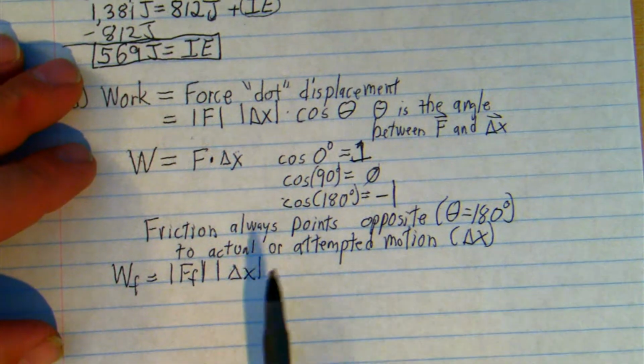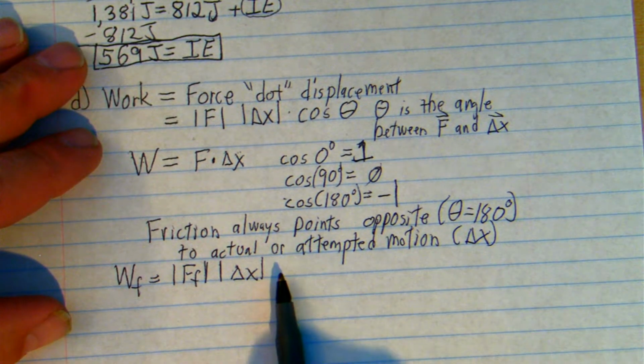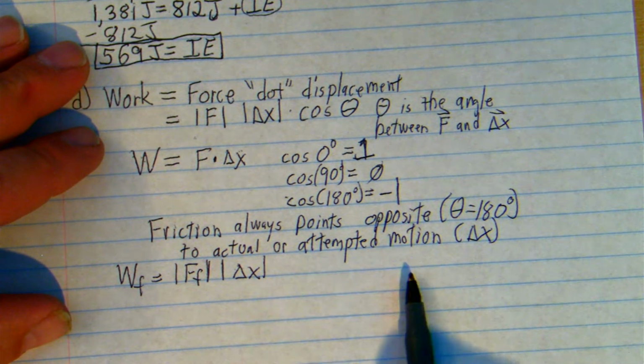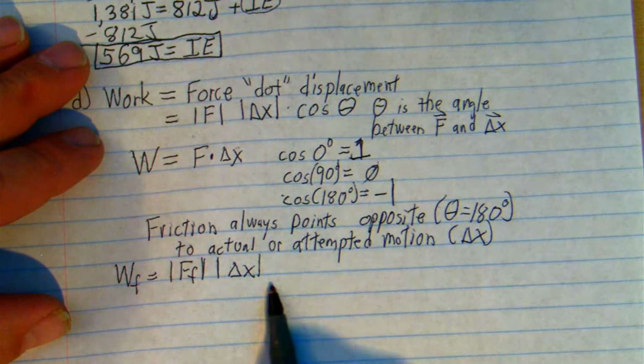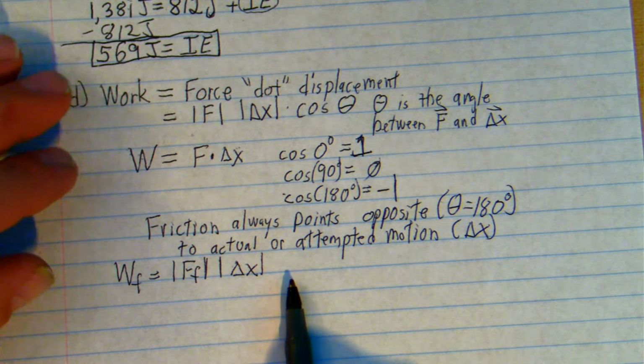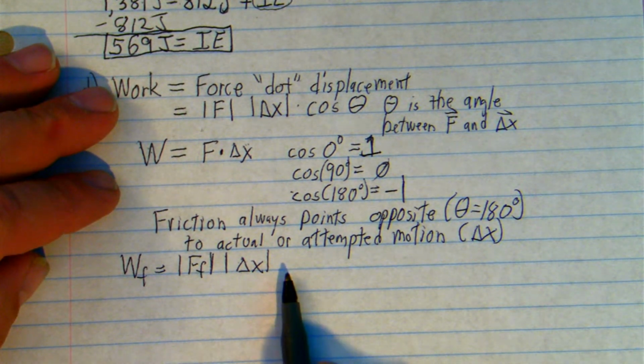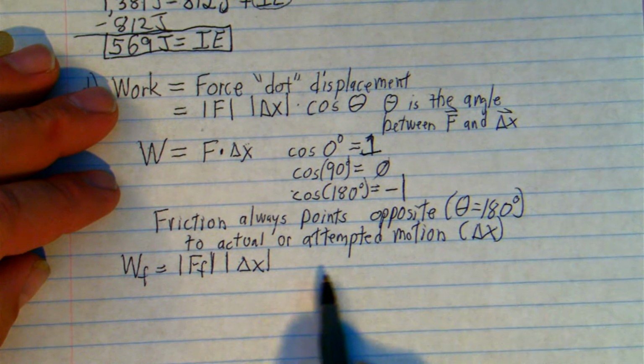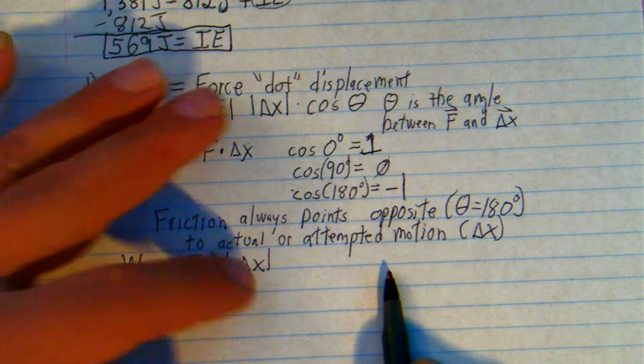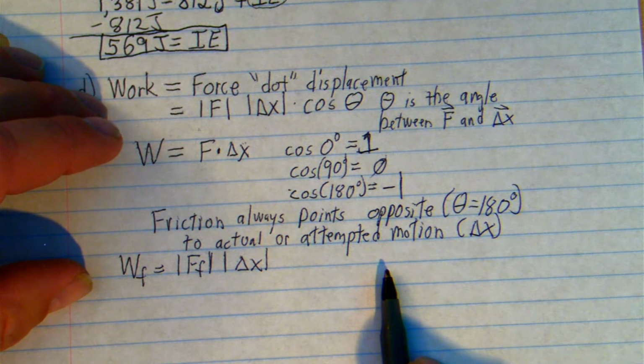And so here's what I mean. If the box moves to the right and then back to the left, we would say its displacement is 0. But if it travels to the right delta x, that's a distance of delta x.